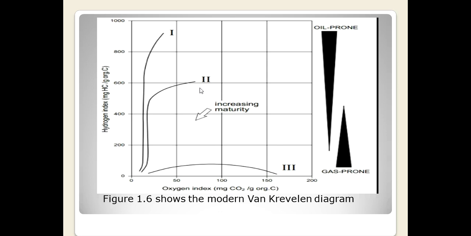So just from here, we observe that if we have an intermix between type 2 and type 3 kerogen, it means that the organic matter is capable of generating both oil and gas. We have type 1 and type 3 too, and when you have all of them together, it means we are capable of generating both oil and gas.